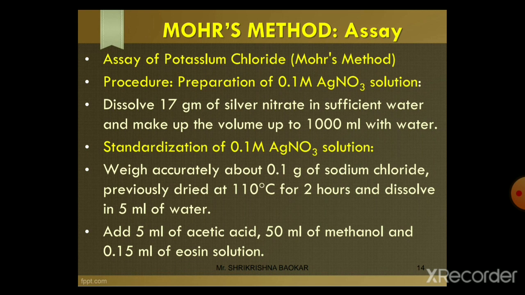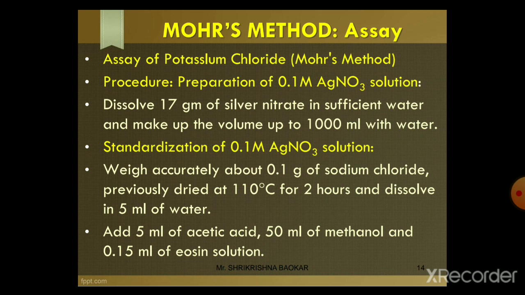Procedure: preparation of 0.1 M AgNO3 solution. Dissolve 17 grams of silver nitrate in sufficient water and make up the volume up to 1000 ml with water. Standardization of 0.1 M AgNO3 solution.